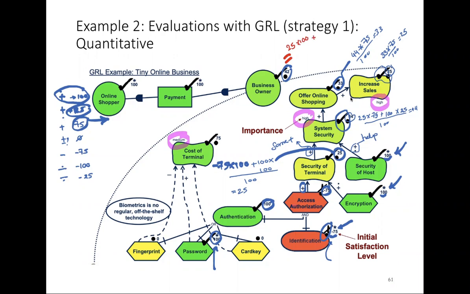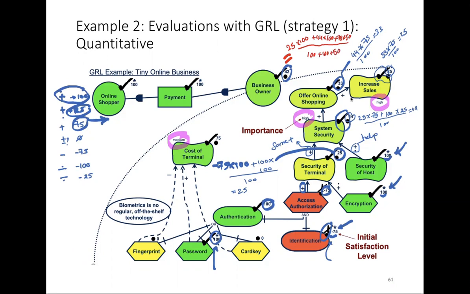So the system security has a value of 44, and then it's high, so we're going to use 100. And we have the cost of terminal, which has a satisfaction level of 75, which has a medium importance, so that's 50. And then we divide this over the summation of the importance levels, 100 plus 100 plus another 50. This will give you the 42.